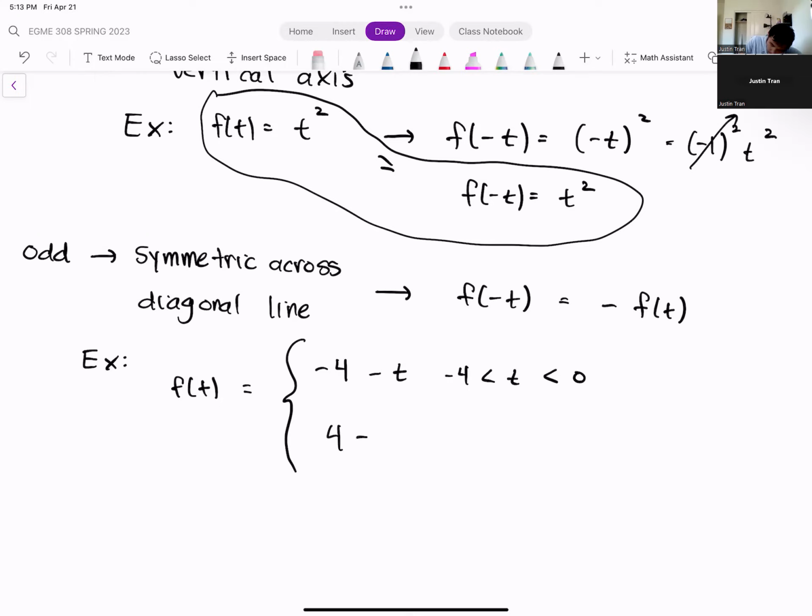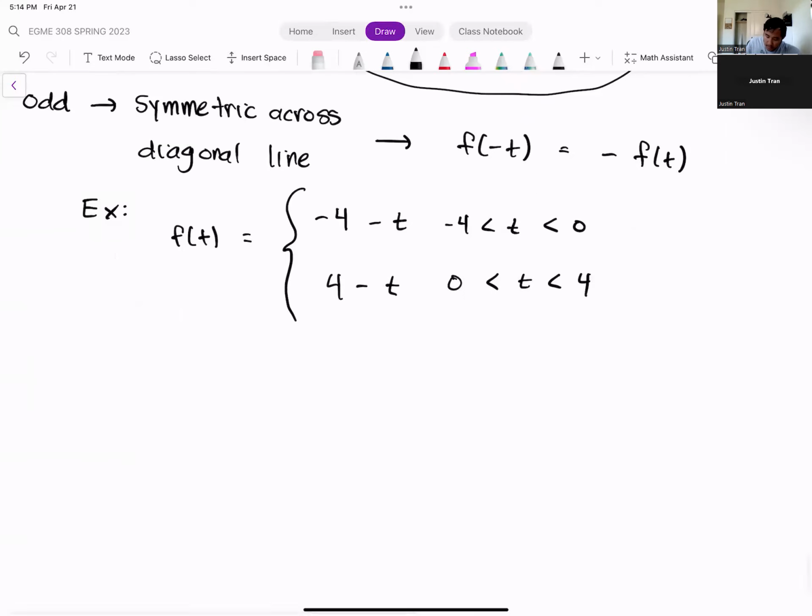And then we had 4 minus t for 0 less than t less than 4. So let's plug in f of minus t. If we plug in f of minus t here, we get minus 4 plus t, and 4 plus t.